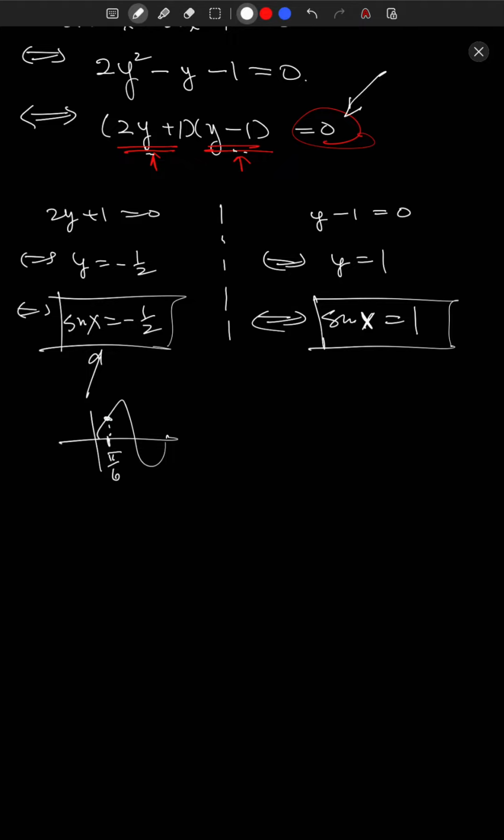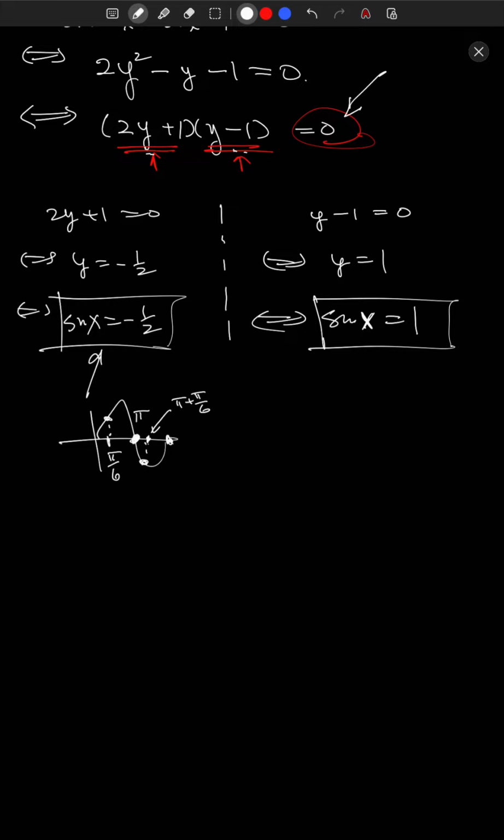So in order to get another solution, we notice that this one here is pi, right? So if we move pi over 6 from pi, in other words pi plus pi over 6, I'm going to get minus 1/2.